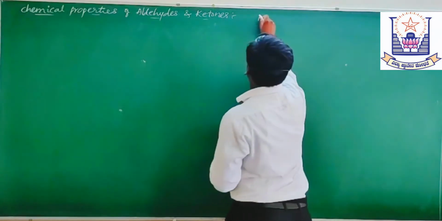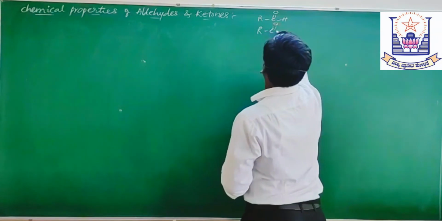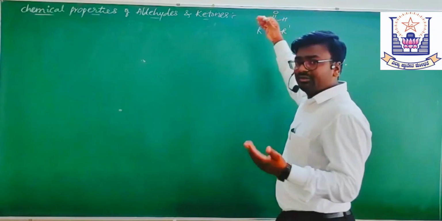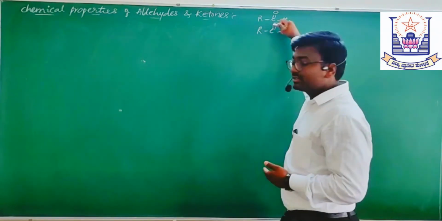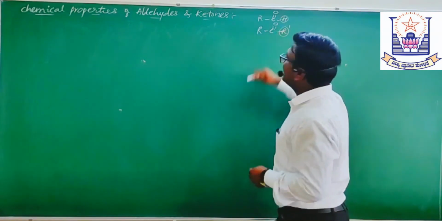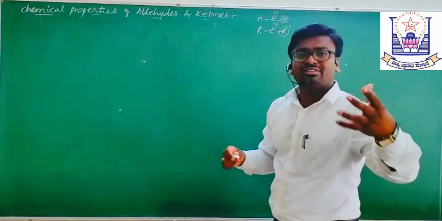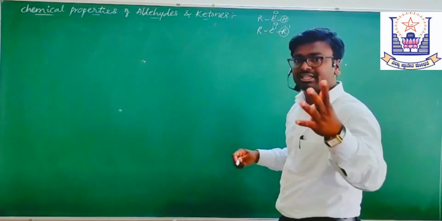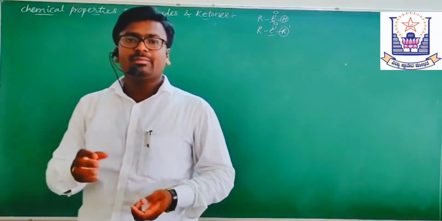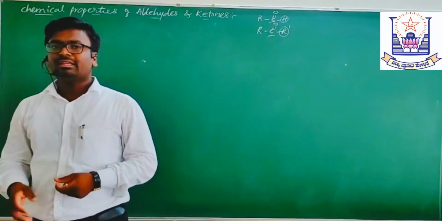The difference between them is only this much: the general formula of the aldehyde is RCHO and of the ketone is RCOR. Here there is a hydrogen, and here there is an alkyl group. The chemical property of an aldehyde or ketone is majorly decided by the carbonyl group, which is why their chemical properties are similar.